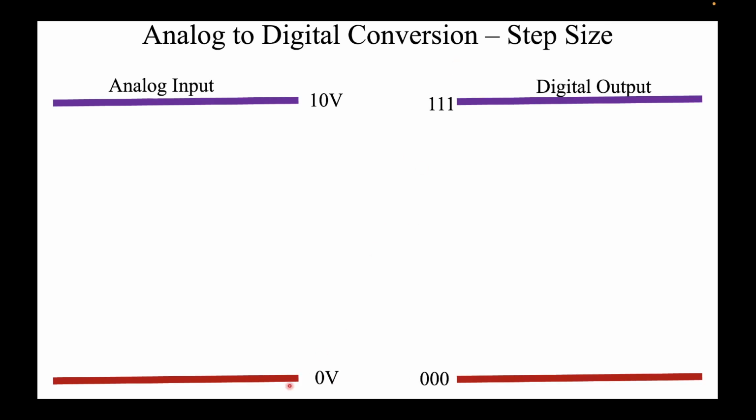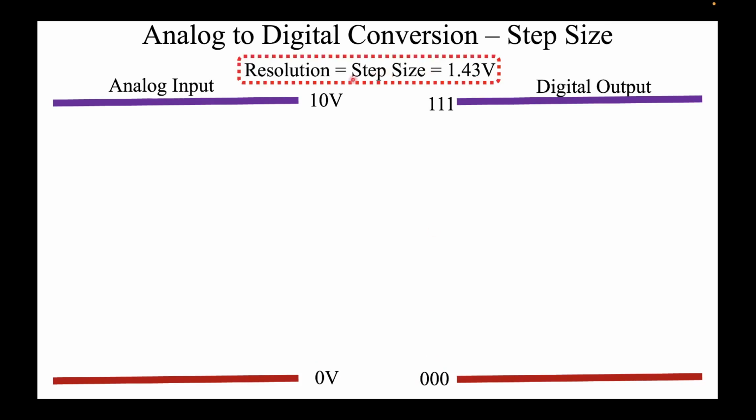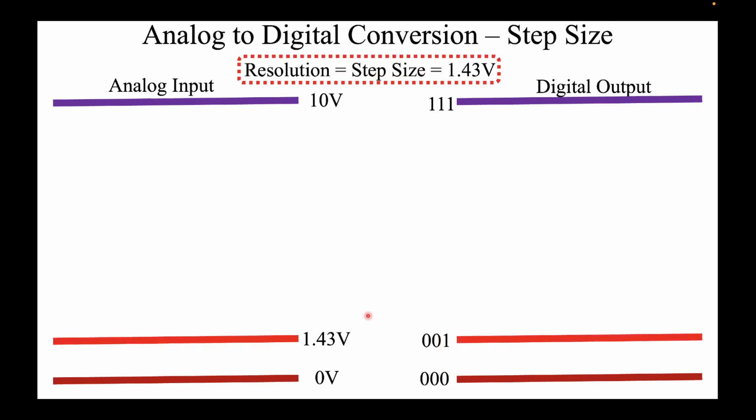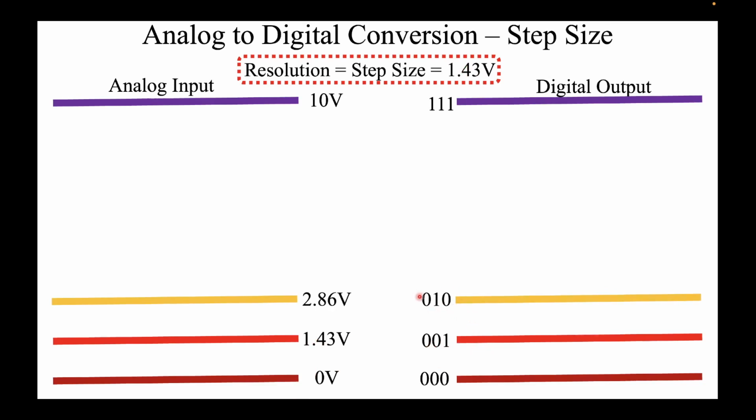Now what will the first step be? The first step will be when we go from 000 to 001, and that we know will have a resolution of 1.43 volts. So on the digital side, the first step is from 000 to 001. On the analog side, this jump is 1.43 volts. Now the second jump from 001 would be to 010. This is the next step. So this is 1, this is 2 if you convert it into decimal.